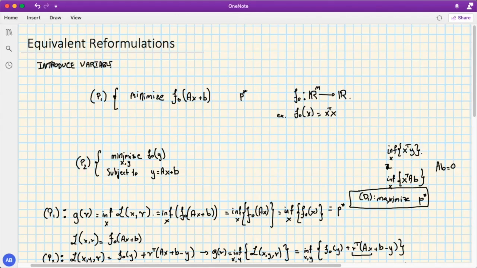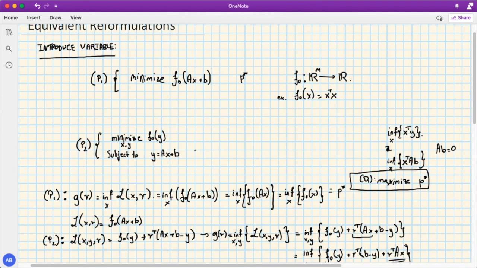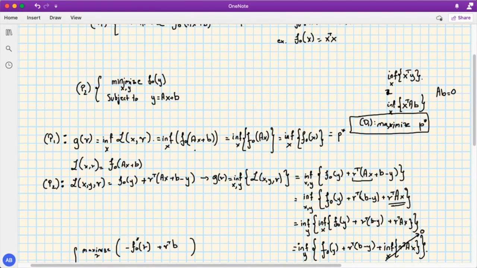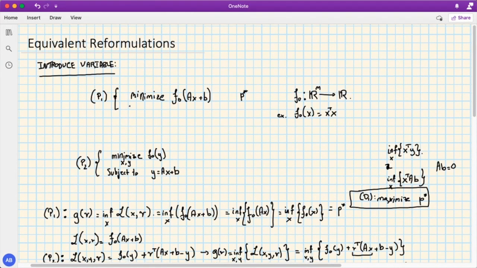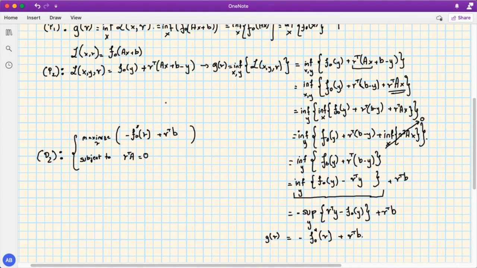So this is one really important example to see that if I have two equivalent problems, then their duals could be completely different. Let's see examples on that. When I say examples, I mean applications on different forms of f0. So let's see what I mean.